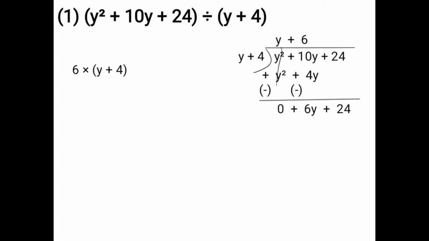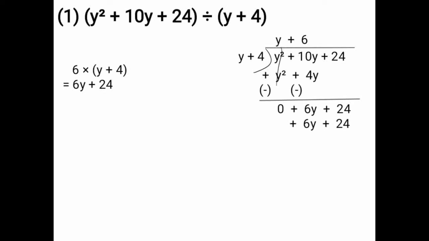Now you have to solve by using the formula of a into b plus c. 6 into y is 6y plus 6 fours are 24, that is 6y plus 24. 6y plus 24 is already here. Now you have to arrange it vertically, like terms together. Plus 6y plus 24.